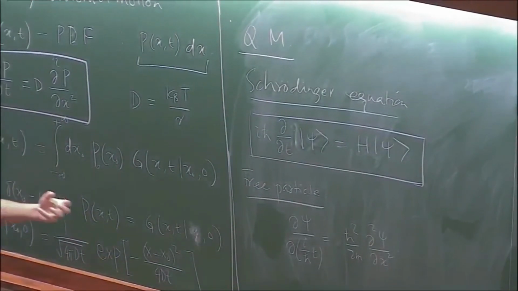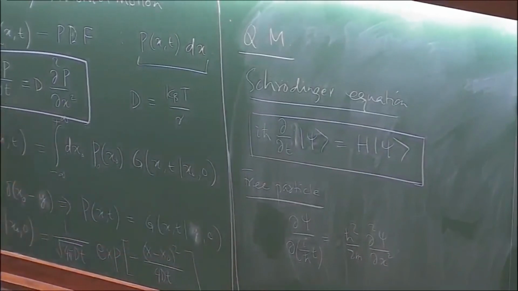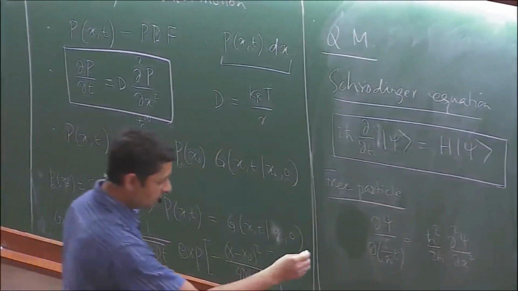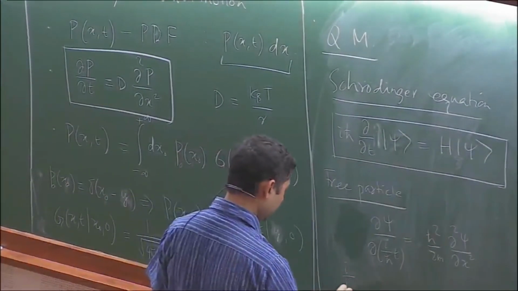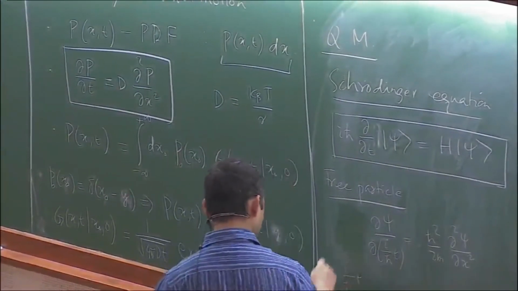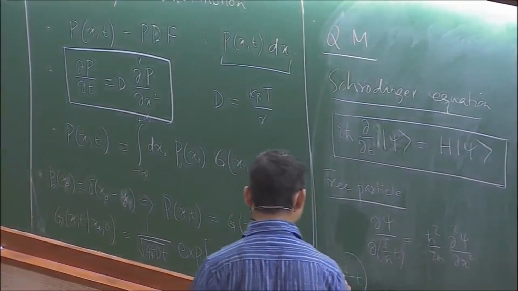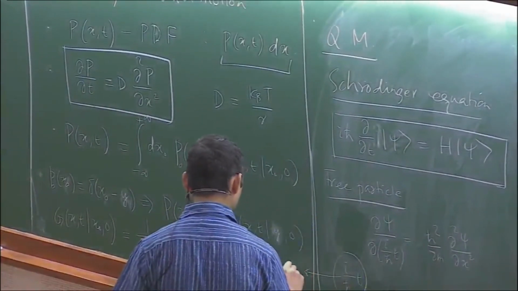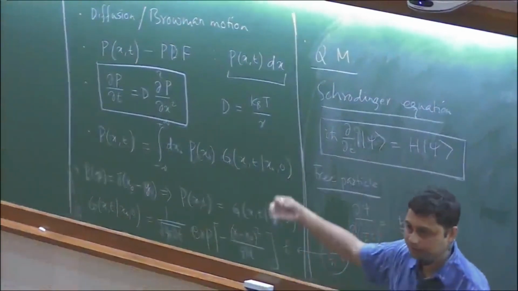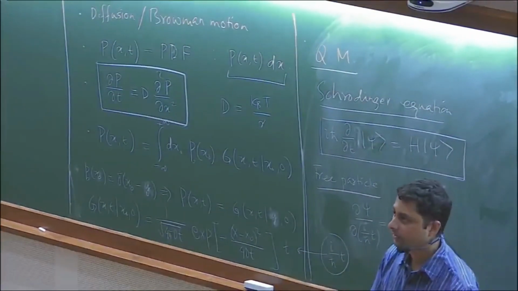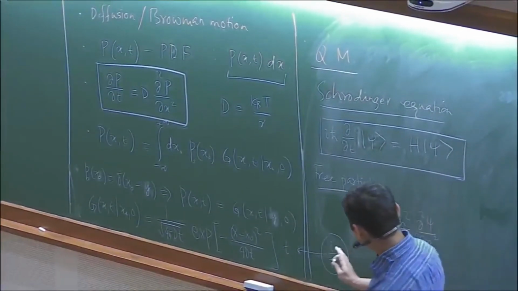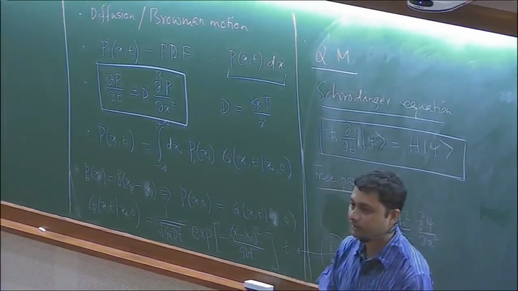Now you see that this equation and this equation are exactly the same. So what is the mapping? This i by h cross t in the quantum problem goes to t here in this diffusion problem. So this is basically time in imaginary time.